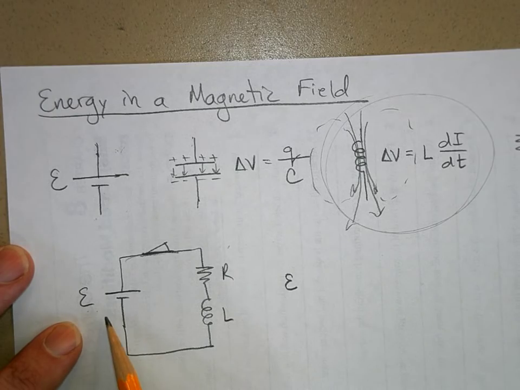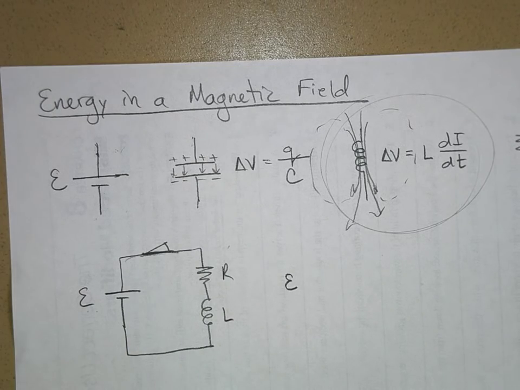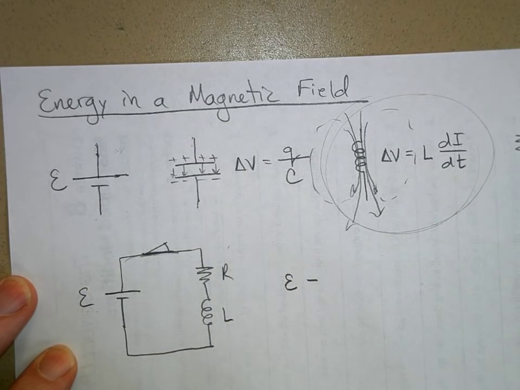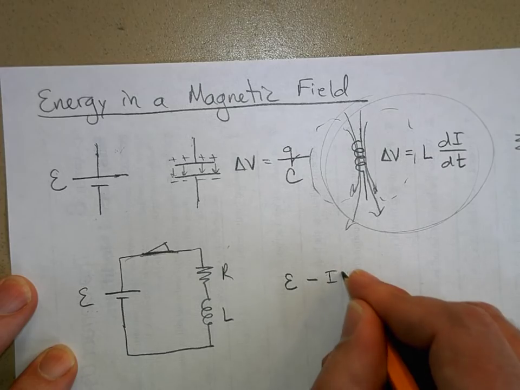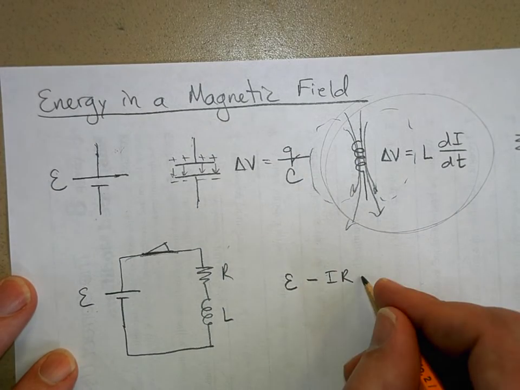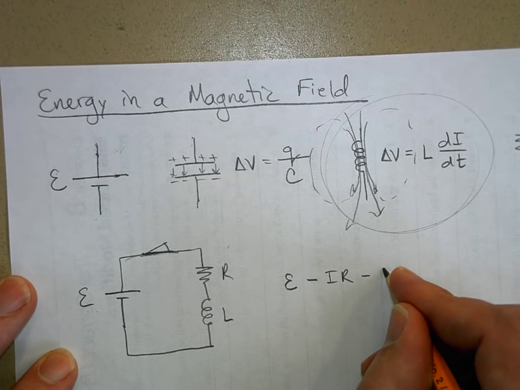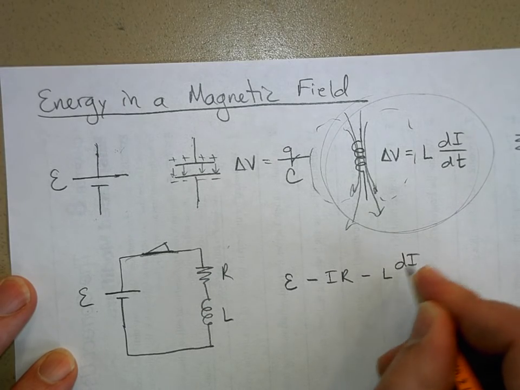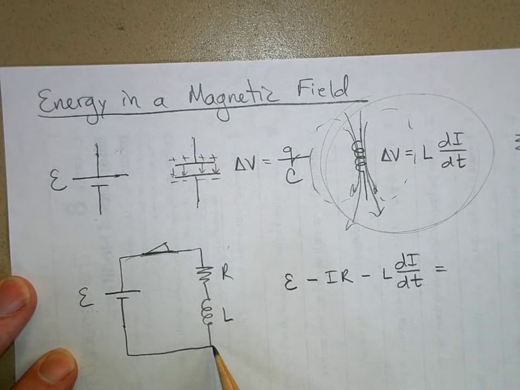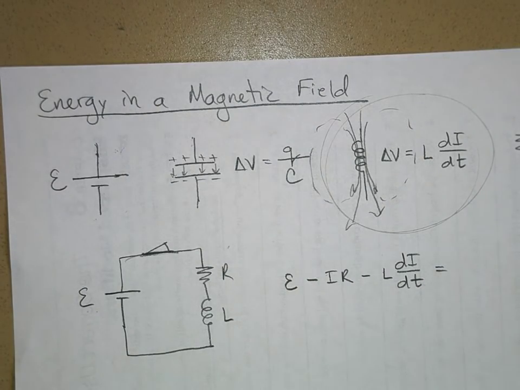This is the energy per unit charge that's being added to the circuit, minus, we got a voltage drop here because I've got current running through a resistor. Energy's leaving the circuit here. But then we have this minus L di/dt. And this is the voltage drop that I get because I'm changing the amount of current flowing through it.